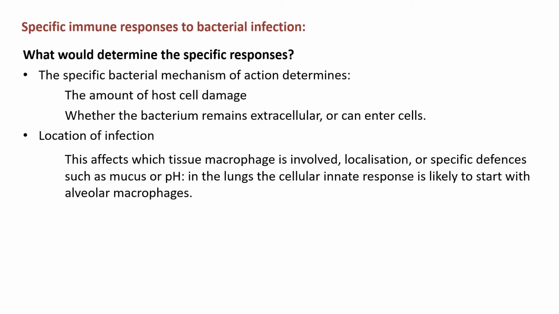Flushing out, for example. In the lungs, of course, our local macrophage, our tissue macrophage, are the alveolar macrophages. Clearance, we also have, of course, mucociliary clearance.